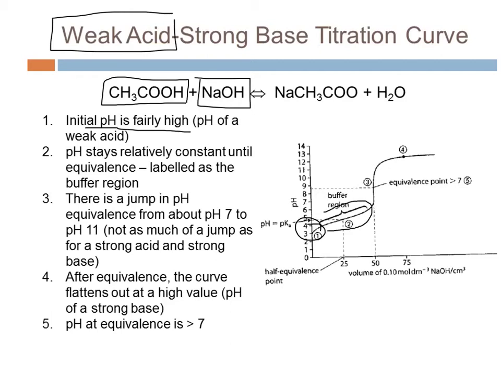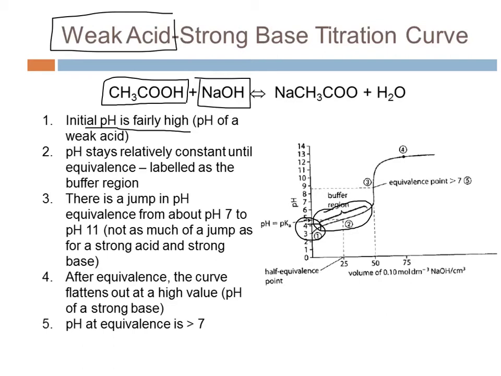Within this region here, when we add base, there's very little change in pH. It's acting like a buffer, so we call this the buffer region. There is then a jump in pH from about pH 7 to pH 11. The jump is not as sharp as for a strong acid and a strong base.